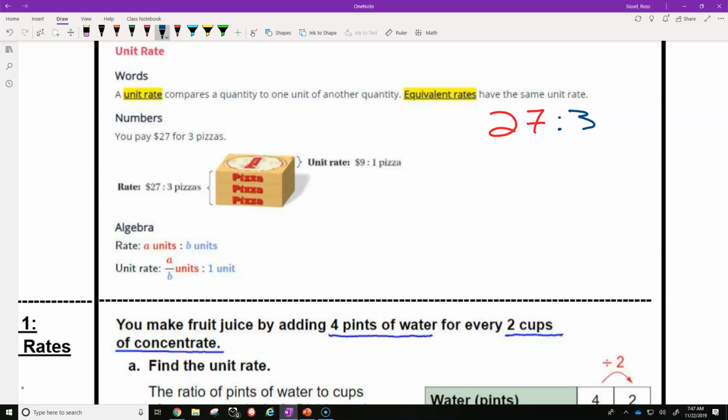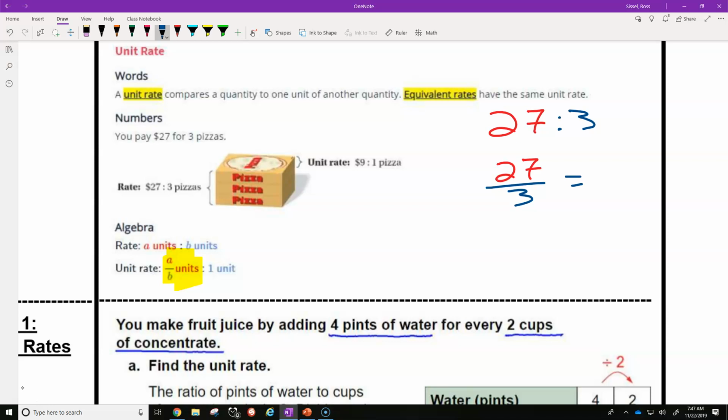Now, if I want to find the unit rate, some of you are probably already seeing this, we're going to use this formula right here, where I take the first rate and I just divide it by the second one. Don't you remember this is the value of our ratio? It was even on your study guide. So our rate was 27 to 3.